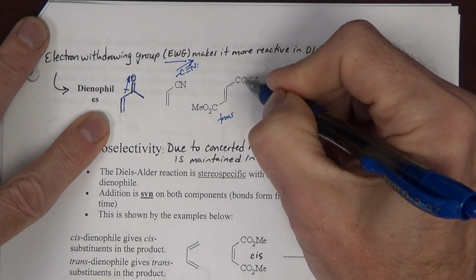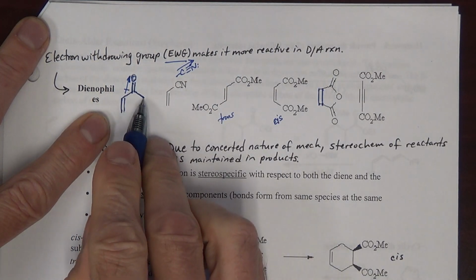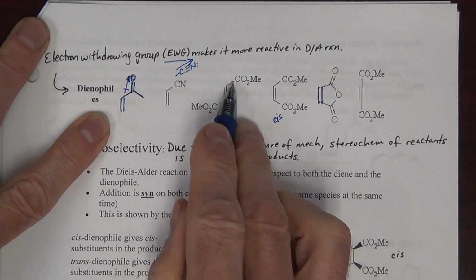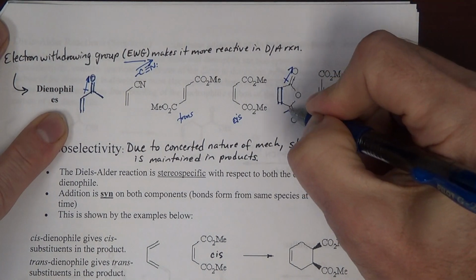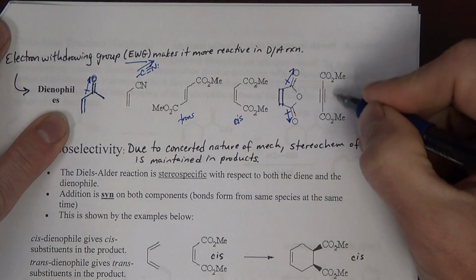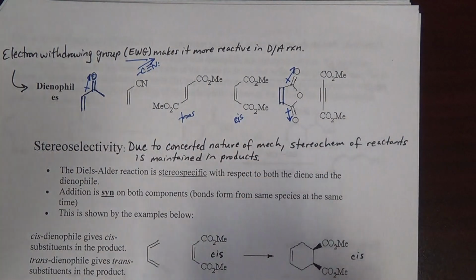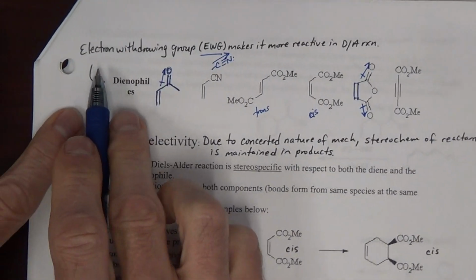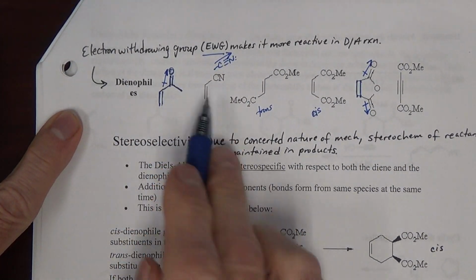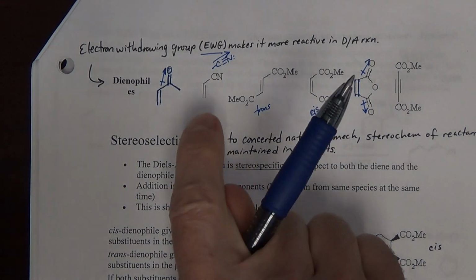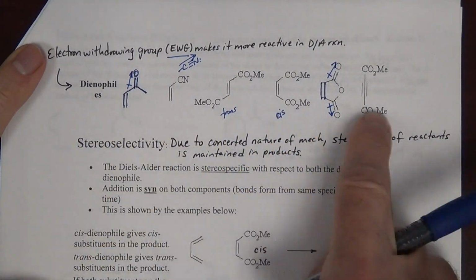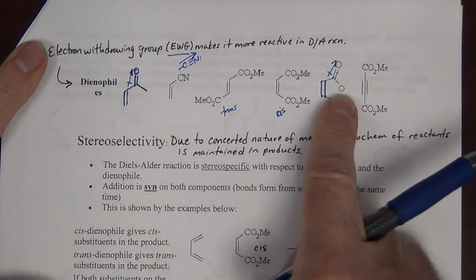These are carbonyl groups. You could draw these out, it's carbonyl with an oxygen here, but it's still carbonyl groups. We see carbonyl groups here. There's two of them, and there's two of them here. So pulling electrons away, withdrawing electrons from the alkene. Now, we'll talk more about the consequence of this a little bit later.